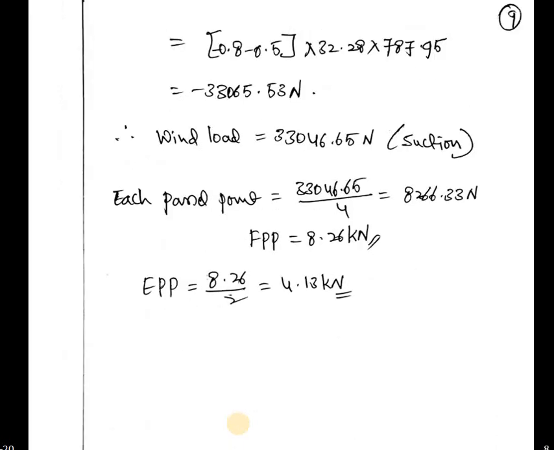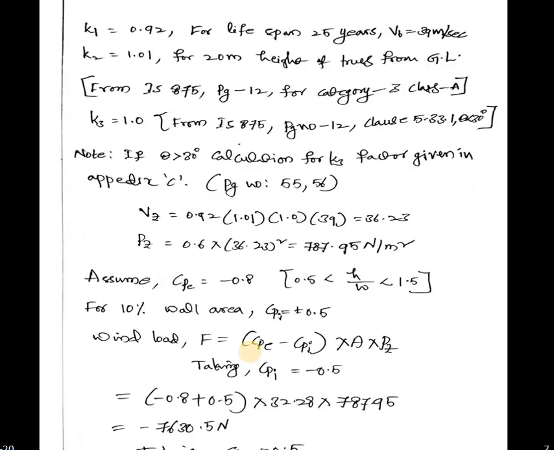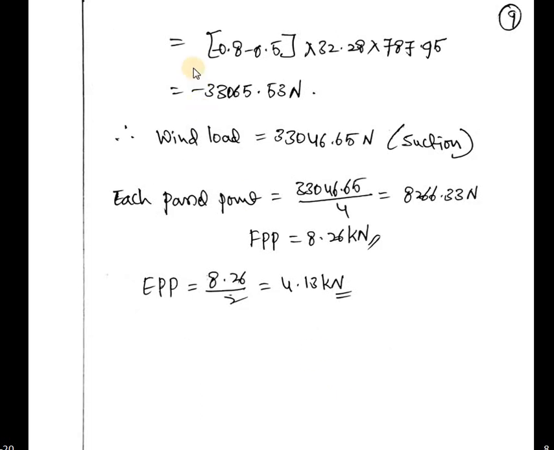If you take CPI value plus 0.5, again we have to calculate, that is minus 0.8 minus 0.5. Okay, minus into plus minus 0.5, 32.28 into 787.95. Finally we got minus 33046.65 newtons.